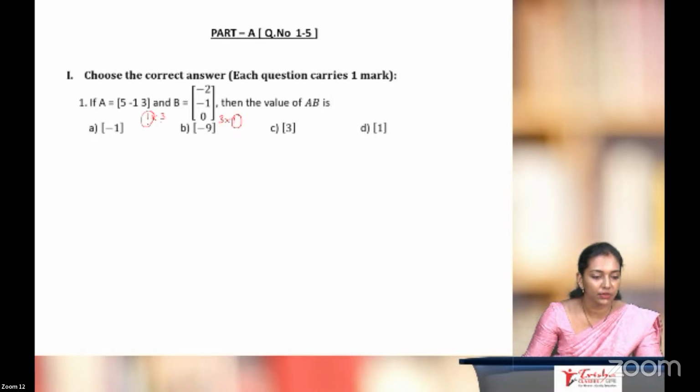Okay. So first, that is m into p and p into n means finally the resultant matrix A into B will have m into n. Okay. So such order of the matrix you should have in the product. So just to verify whether your answer is right or no, because many students find it difficult when you multiply the two matrices. So first row with the first column, we multiply first row with the first column.